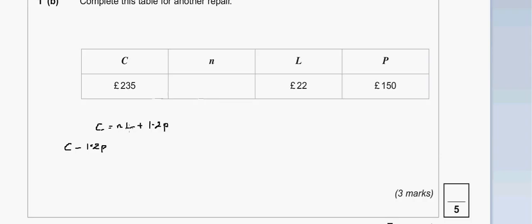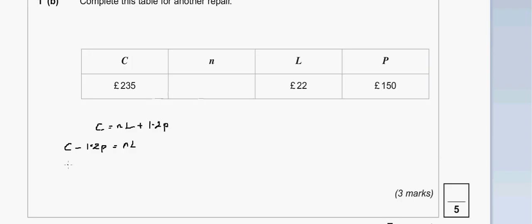Okay, well let's just write this in. So I've moved the 1.2P so you can see that. Now the N and the L are multiplying. So if I move the L over to give us just the N here, instead of multiply, it divides.